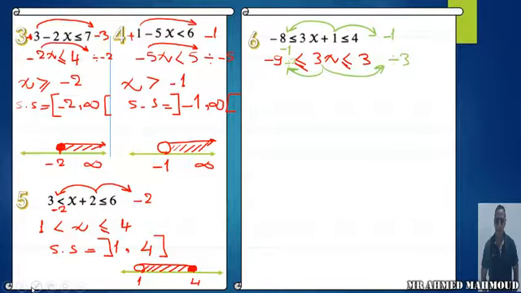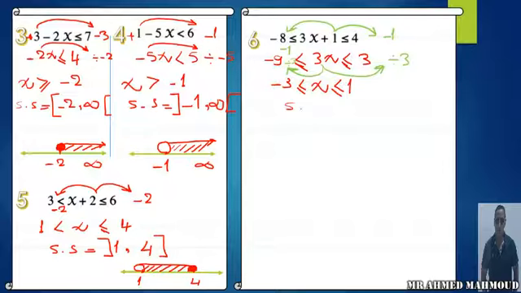Okay, negative 9 divided by 3 equals negative 3 less than or equal x, and 3 divided by 3 equal to 1, and this is the simplest form.